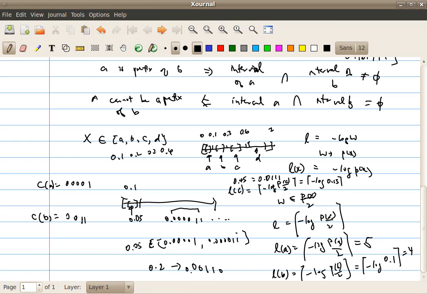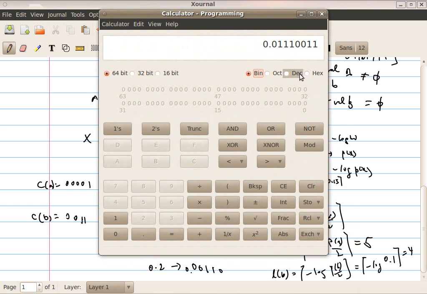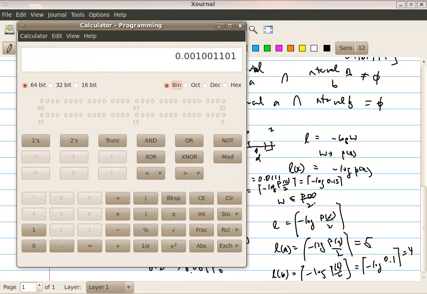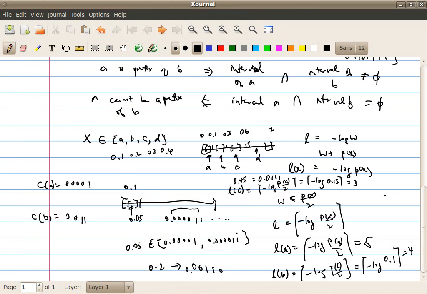So this is the trick you can use: minus log 0.15 tells you how many digits after the binary point. So this should be equal to 3.